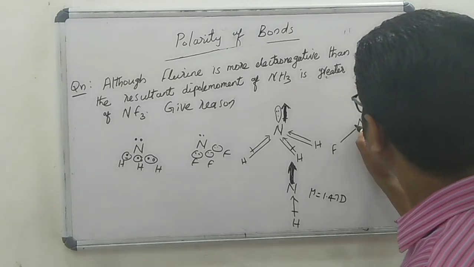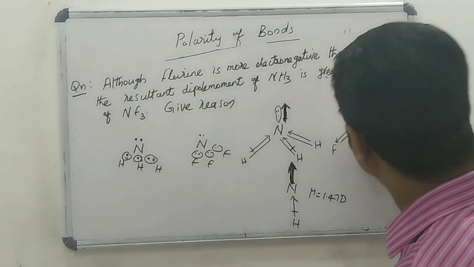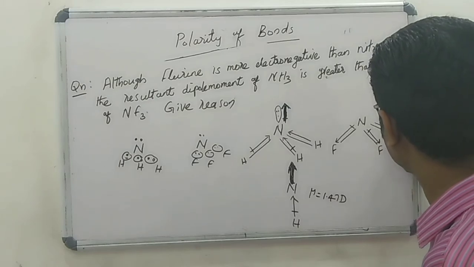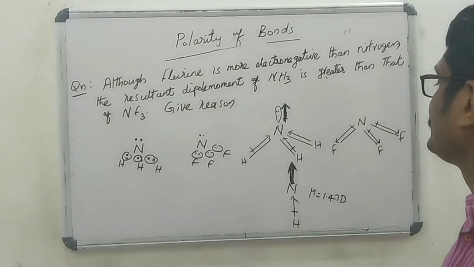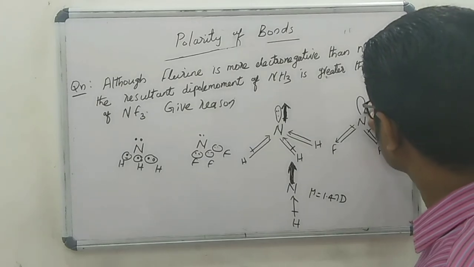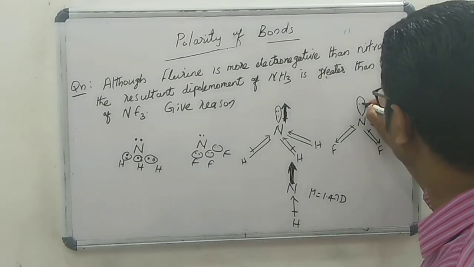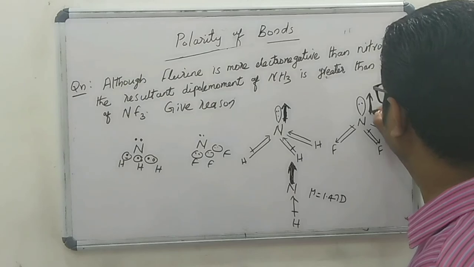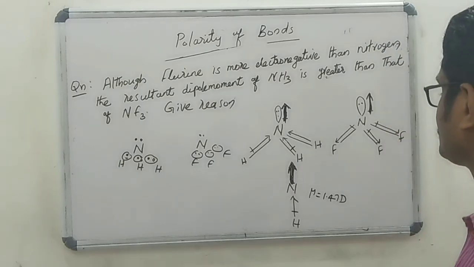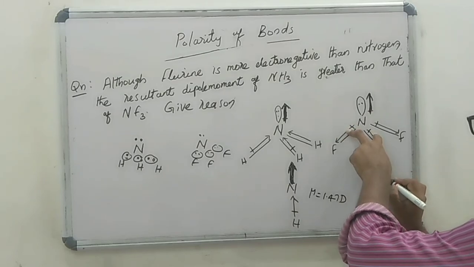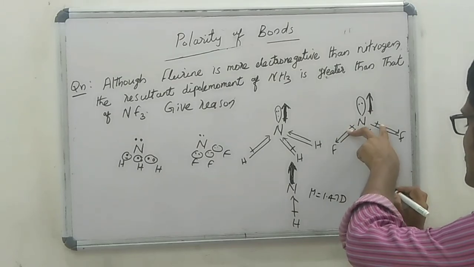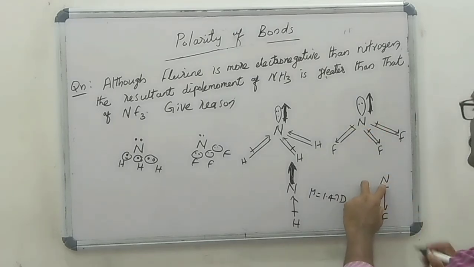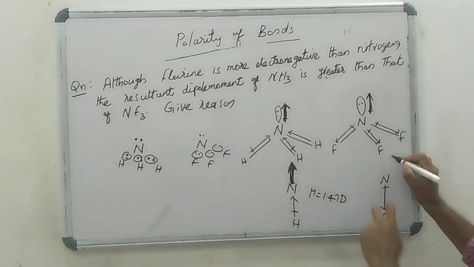Then the bond moments are directed towards fluorine, and NF3 has one lone pair of electrons. This is the bond moment due to the lone pair of electrons. Then in NF3, this is the resultant bond moment of 3 NF bonds.